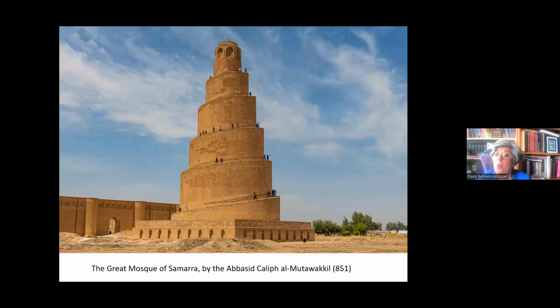Brick architecture, the mosque was built on piers, and it has a minaret built outside the precinct of the mosque, which has this very astonishing, unusual spiral profile, and this is called the Malwiya.